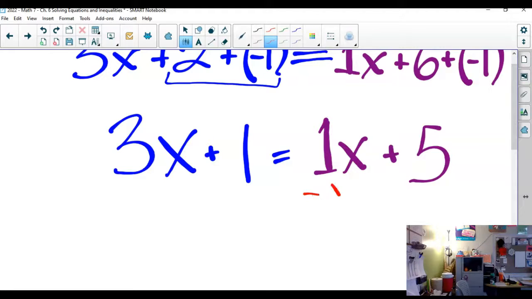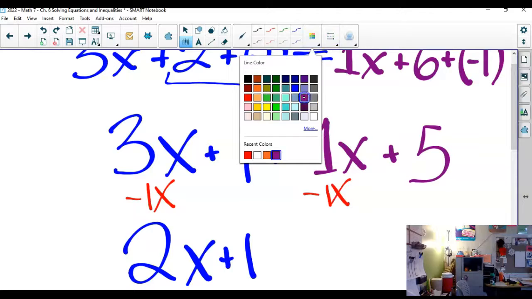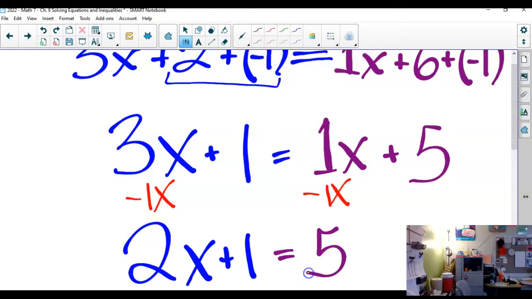Now, we do stuff on both sides. I think the way you guys walked me through it was take away an x on both sides. Remember, that's 1x. So over here, we still have 2x plus 1 equal to 5, because my x is gone now.